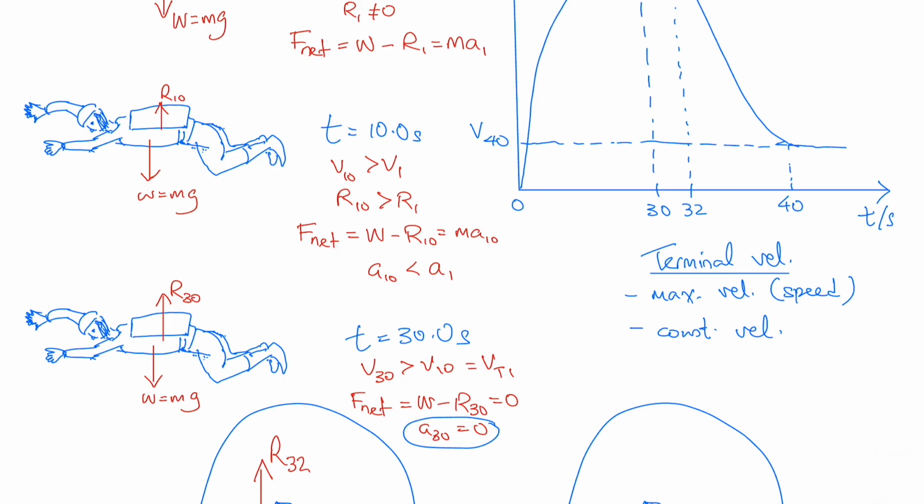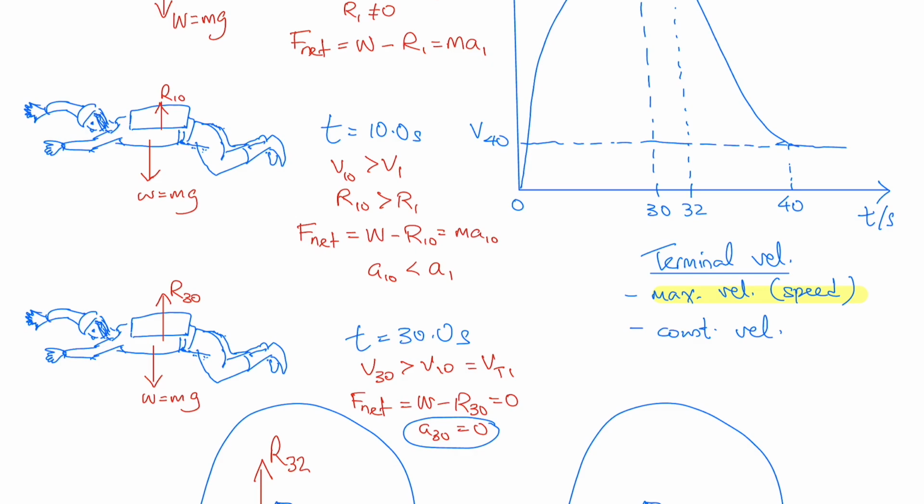And there are two characteristics of terminal velocity that describe the velocity itself. First, it must be a maximum velocity or maximum speed, because many students have the notion that since acceleration is decreasing, the speed must be decreasing. No, the acceleration is still there.